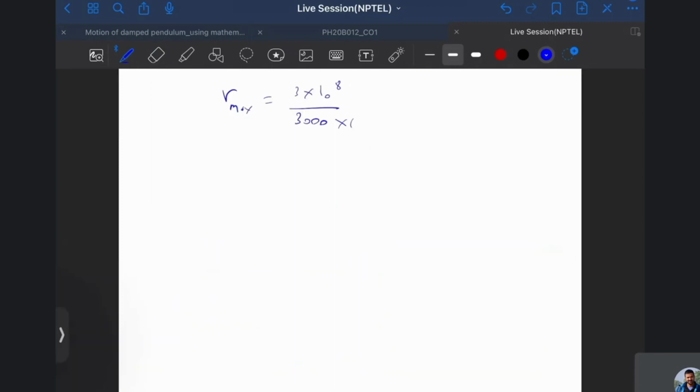So we have to multiply it by 10 to the power minus 10, and when you calculate it, 3 will cancel with 3, 8 zeros are here, and this 10 will go here, 18, and this 3 will cancel, so we'll have 10 to the power 15 hertz. This is the correct answer.